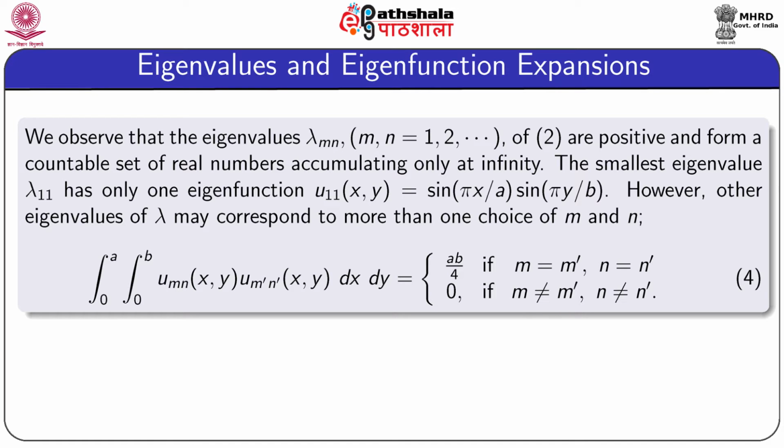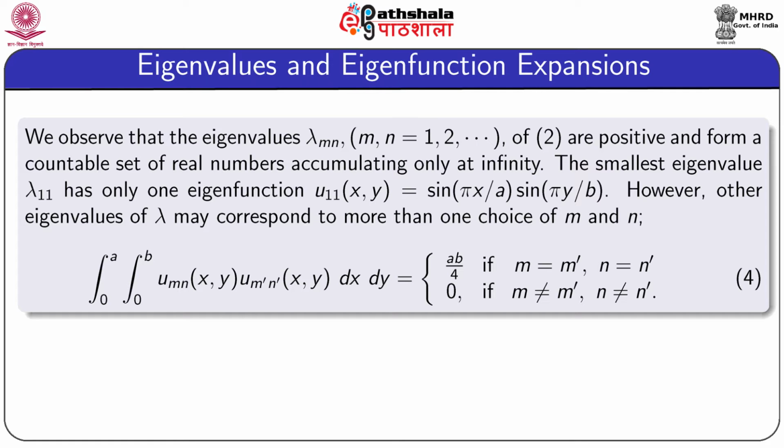But for other values of lambda, it is possible that it may correspond to more than one choice of m and n. Now, we can see that the integration of umn times um dash n dash over the rectangle is equal to ab by 4 if m equals m dash and n equals n dash, and its value is 0 if m not equal to m dash and n not equal to n dash.